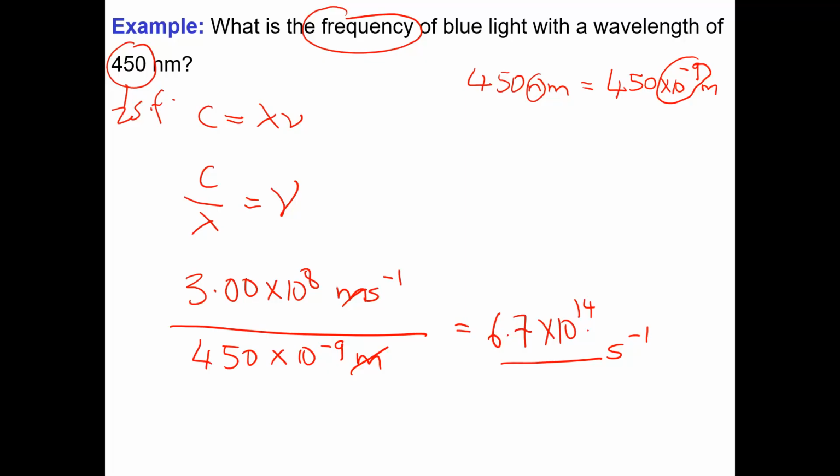And so my calculator answer here is 6.7 by 10 to the 14 seconds to the -1, or I could write 6.7 by 10 to the 14 hertz. Either is valid. And the fact that it's about 10 to the 14 indicates that I'm probably on the right track.